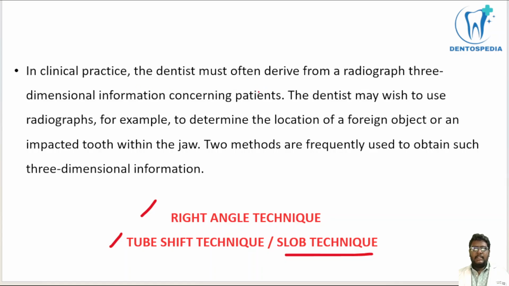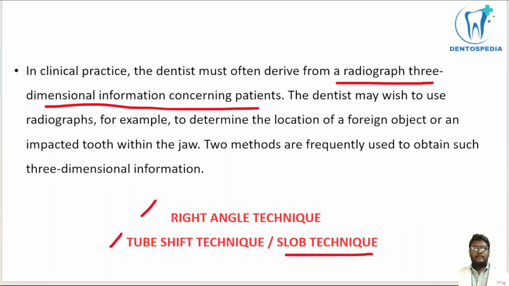In clinical practice, a dentist must often derive three-dimensional information from a radiograph regarding the patient's diagnosis. We can't rely on a single radiograph. We will use different kinds of techniques to get all the information related to the pathology, so that we can diagnose the condition easily. These are the techniques we commonly use to localize certain pathology.